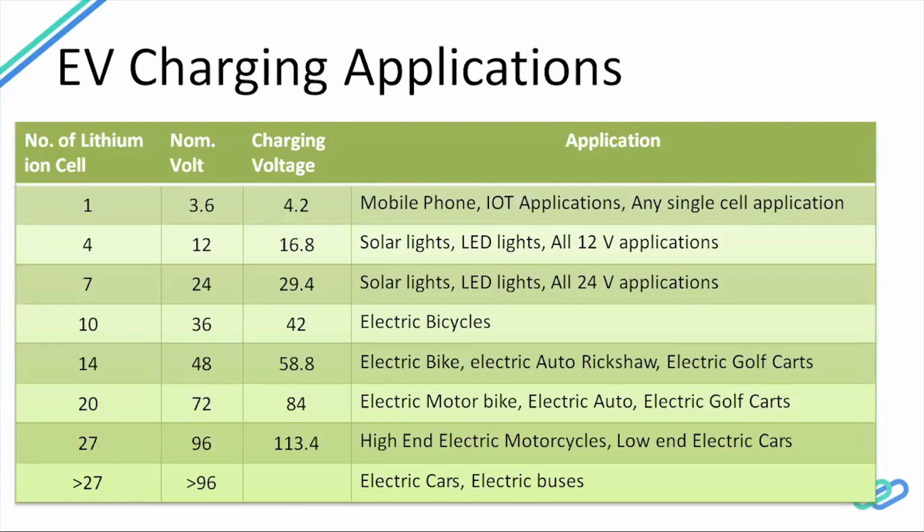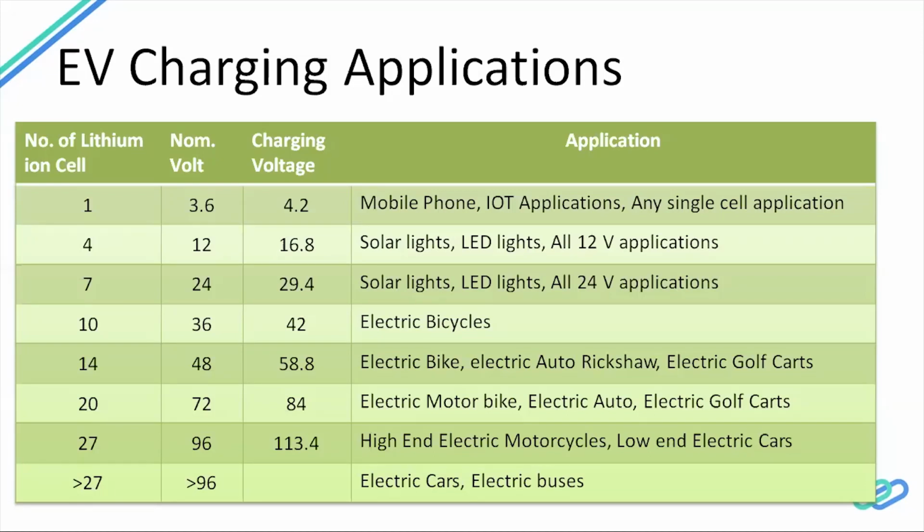based on battery specifications, according to lithium ion cell, I have divided it. If only a single cell is there, then the lithium ion battery nominal voltage is around 3.6 volts, and the charging voltage is around 4.2 volts.